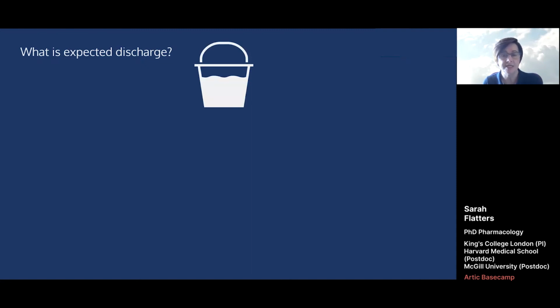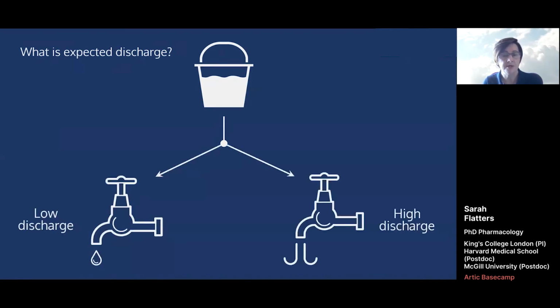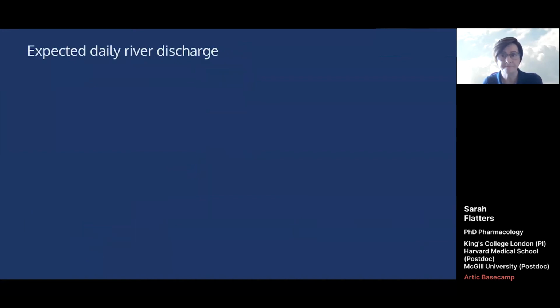But how can we determine what expected discharge is in data terms? Firstly, I calculated the total discharge from the river for each year. Then, an unsupervised machine learning technique, K-means, provided an unbiased way to define low discharge years and high discharge years. Examining only the low discharge years provided the expected daily river discharge.